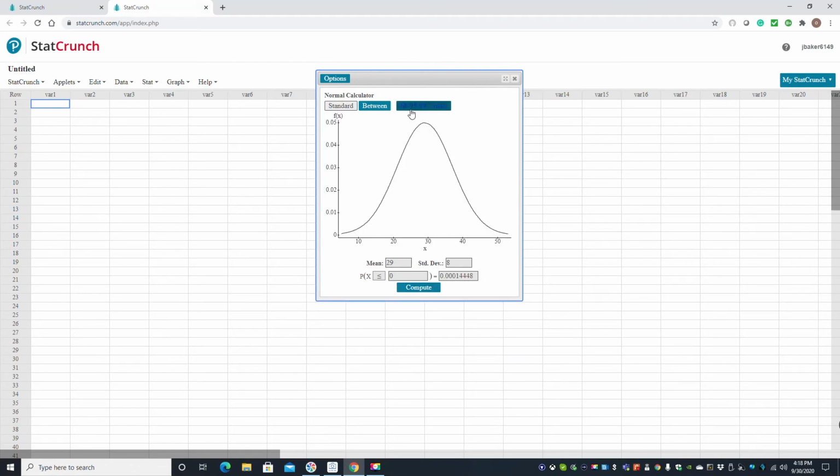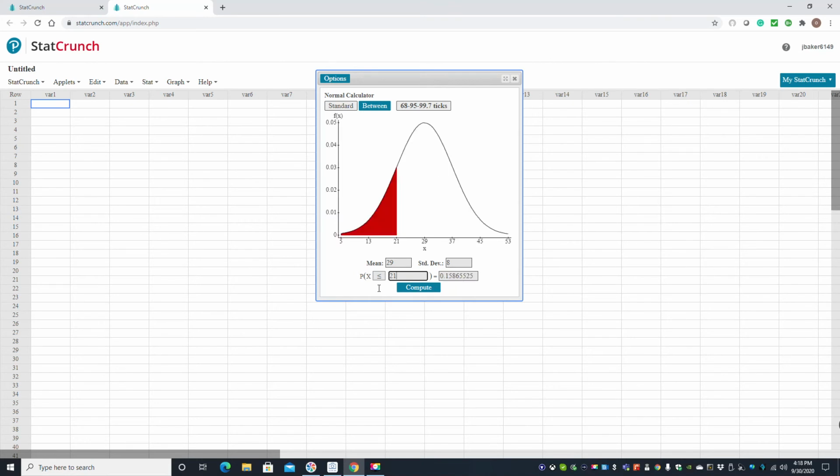You can hit it so it gives you the 68, 95, 99.7 tick marks there. Now, I don't really need that right now. What I'm looking at, for my first question, is less than 21. The less than and less than or equal to, there's no difference. The equal to does not add anything, so don't worry about it.